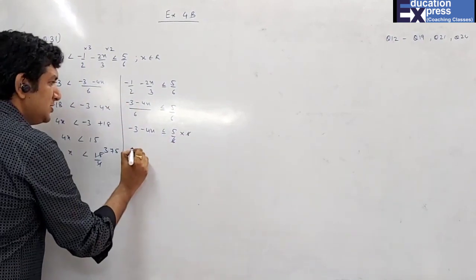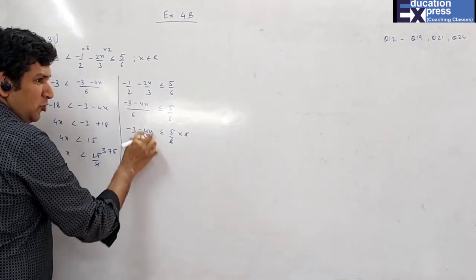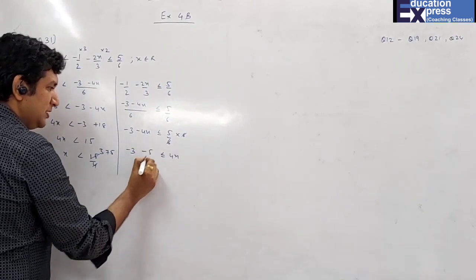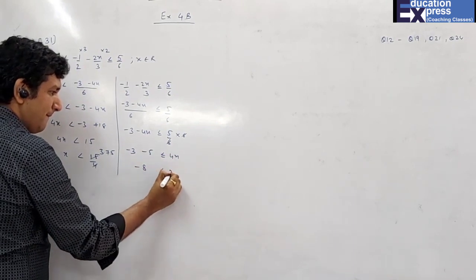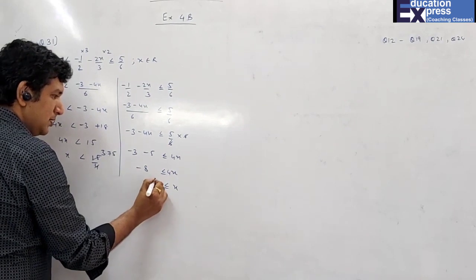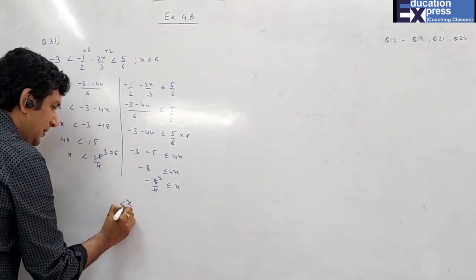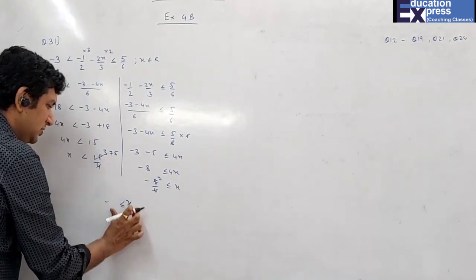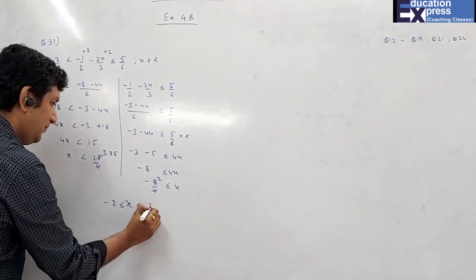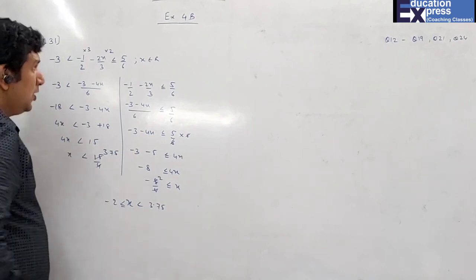So now minus 3 minus 4x will go on this side because x has to be positive, and plus 5 minus 5. So x is more than minus 2, students, and less than 3.75, and x belongs to real numbers.